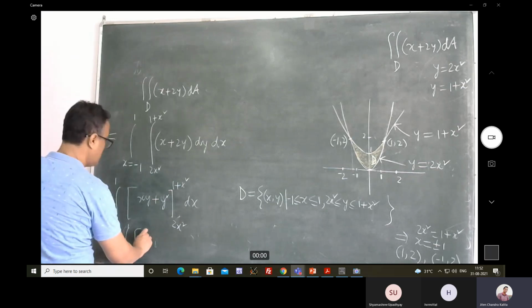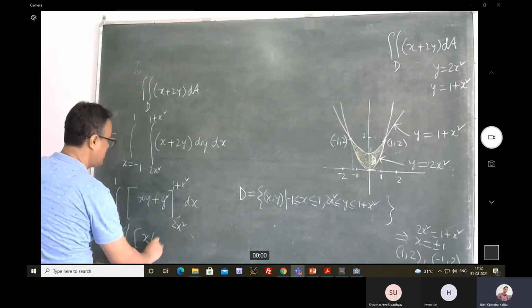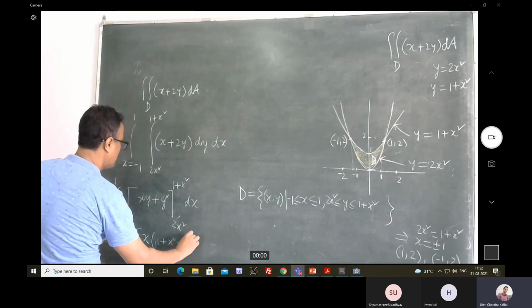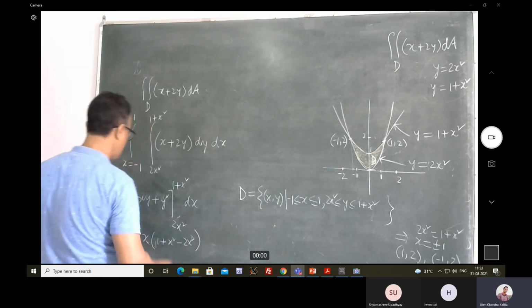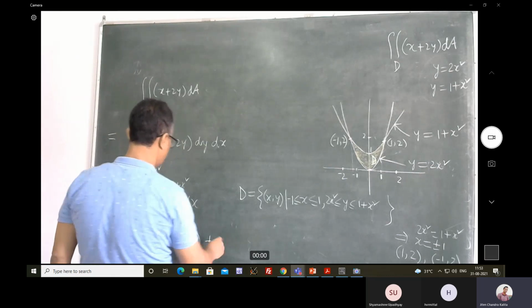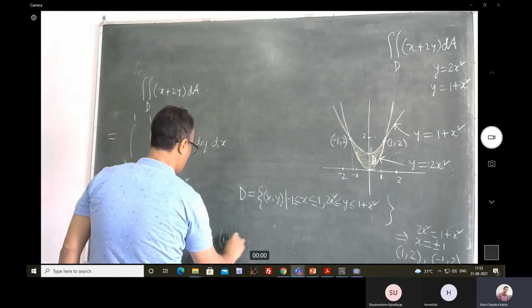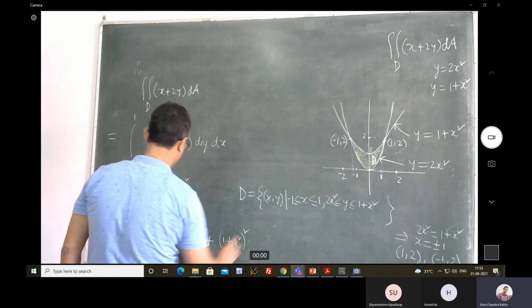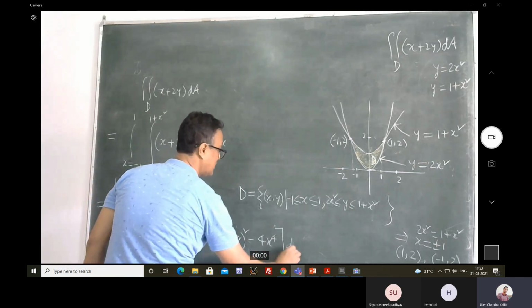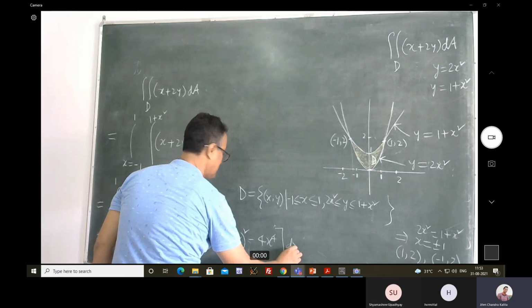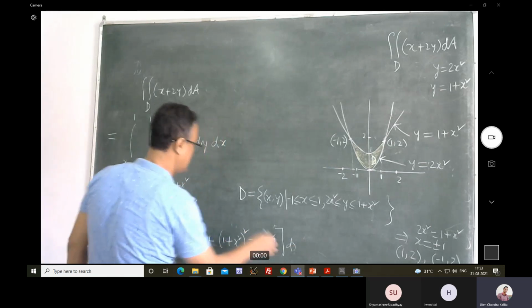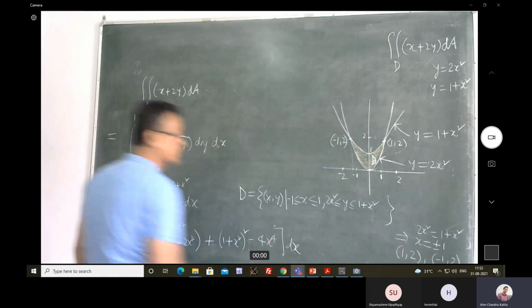So it is going to be x into 1 plus x squared minus 2x squared. Then you are going to get 1 plus x squared whole squared minus 4x to the power 4, then dx.